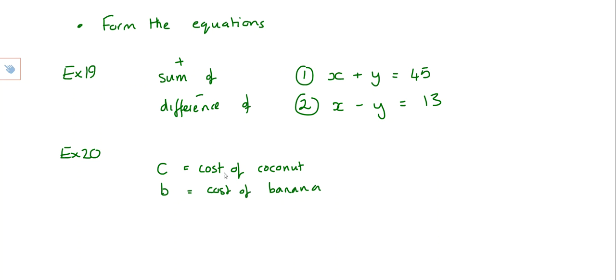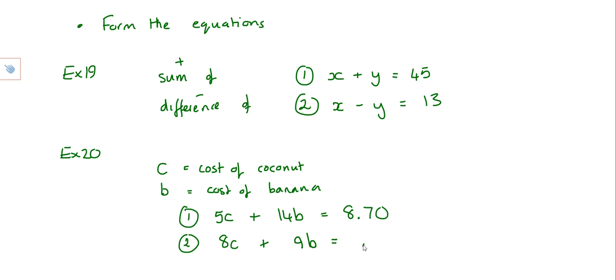So I know that I bought 5 coconuts and I bought 14 bananas, and the whole thing cost me $8.70. Now it's a bit different to what's written in the book, and I'll explain why in a second. But what's the second piece of information? Layla? And then 8 coconuts and 9 bananas cost $9.90. Okay.